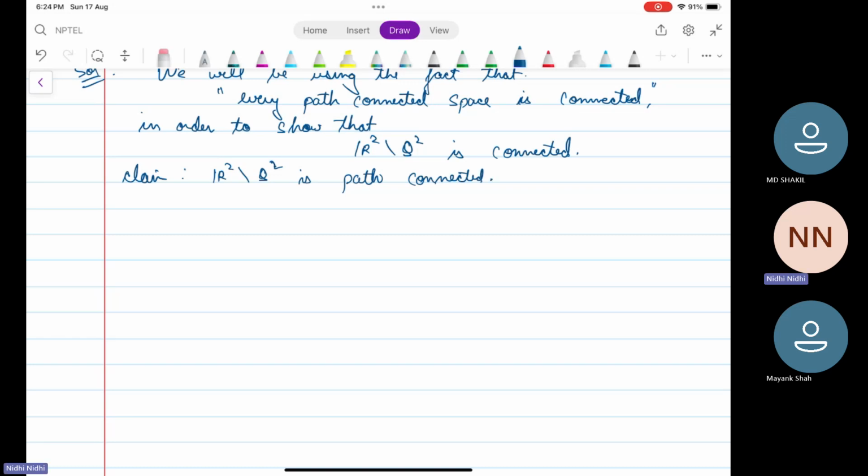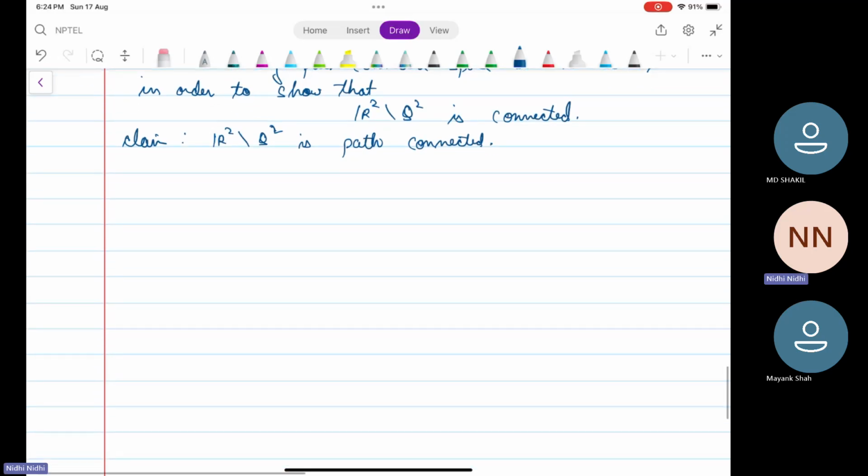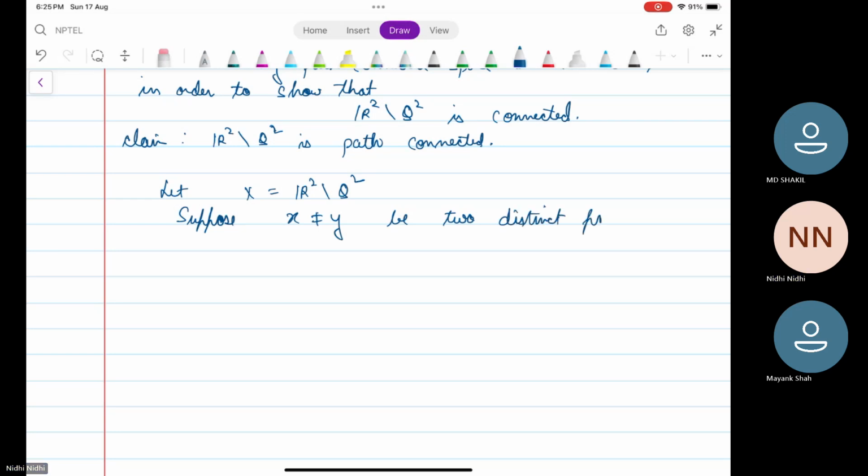Now let x and y be any two distinct points in the set X equal to R2 minus Q2. So suppose x not equal to y are two distinct points in R2 minus Q2.